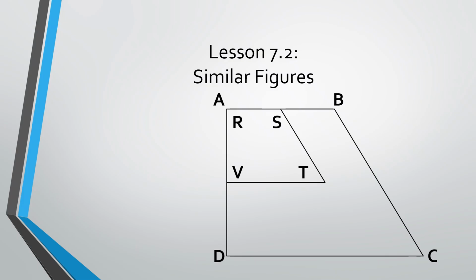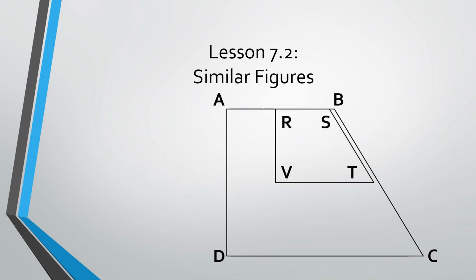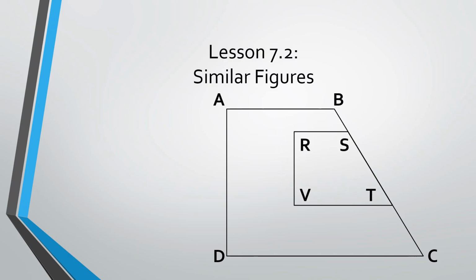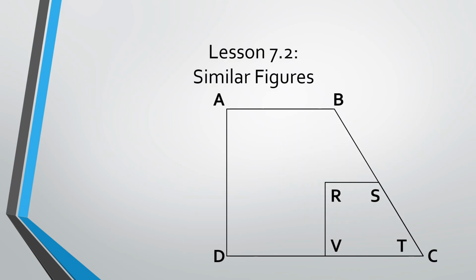Same with the other one. Angle B and angle S are also congruent. Then how about angle T and angle C? Are they congruent? Let us move and prove it. Yes, they are congruent to each other.